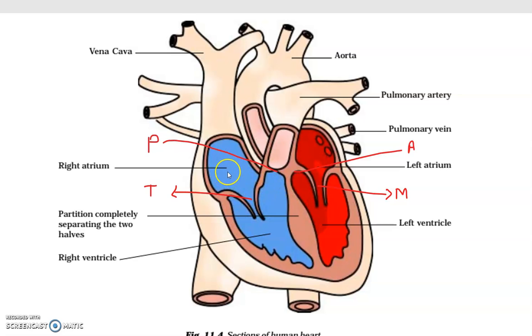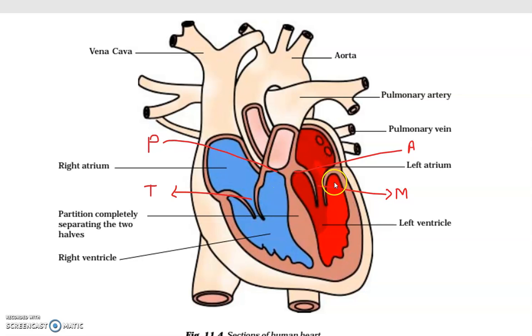When the blood is moving from atrium to the ventricle from both sides, these two valves, the mitral valve and tricuspid valve, first open, and then to avoid the blood flowing back, they need to shut down. So this flap and these two flaps join together and snap shut.